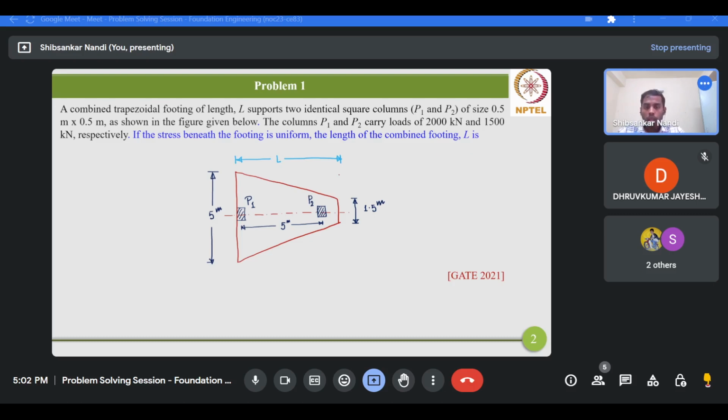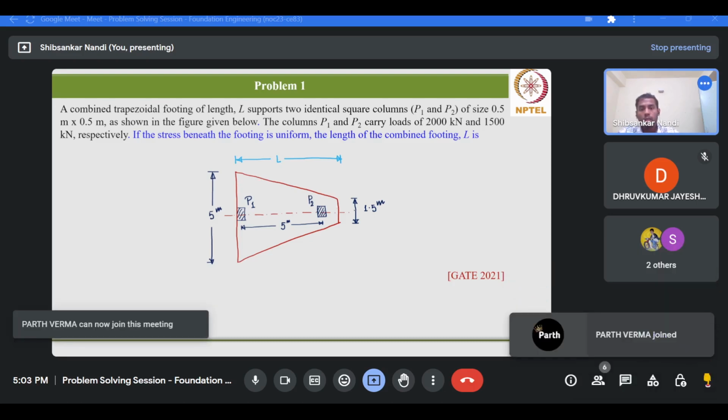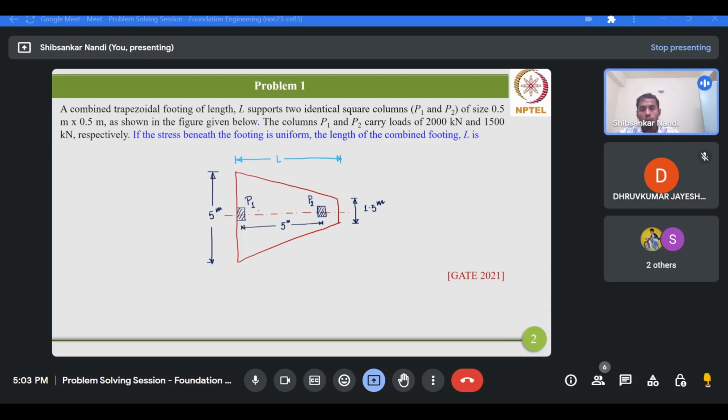As we can see from this problem, both the sides of the footing, that is left hand side and the right hand side, dimensions are given as 5 meter and 1.5 meter respectively, and the columns which are supported by this footing are also given as 0.5 meter by 0.5 meter, along with the center to center distance between these columns as 5 meter as given in this problem.